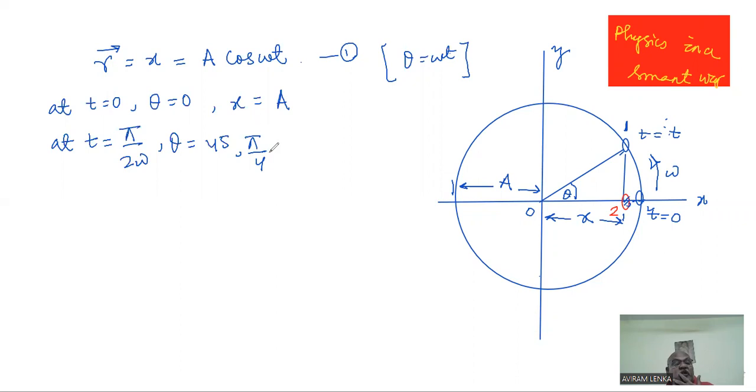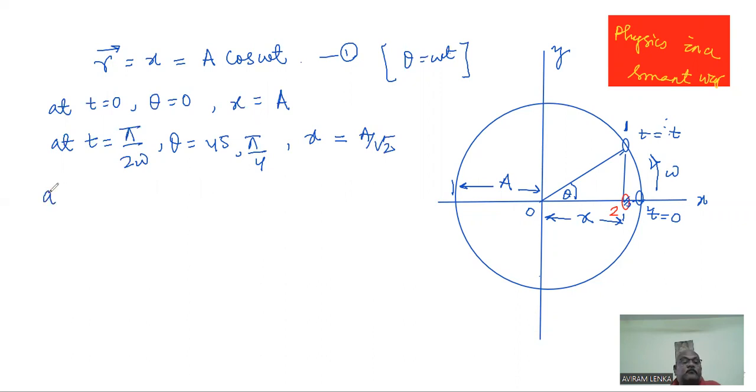Give it a pause and try to ascertain the truth in this. There x equal to, when you put theta equal to 45 degrees, cos 45 degrees will be 1 by root 2. So there x equal to a by root 2.